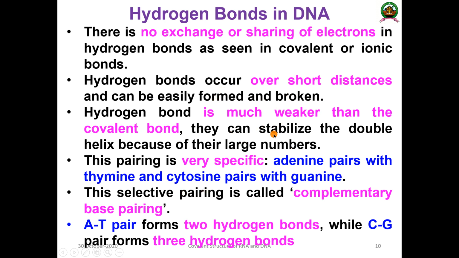There is also a base pairing principle. The total concentration of purines and pyrimidines in a DNA helix is almost equal, so you can say A plus T is equal to G plus C. This rule is known as Chargaff's rule of equivalence, proposed by Dr. Erwin Chargaff.